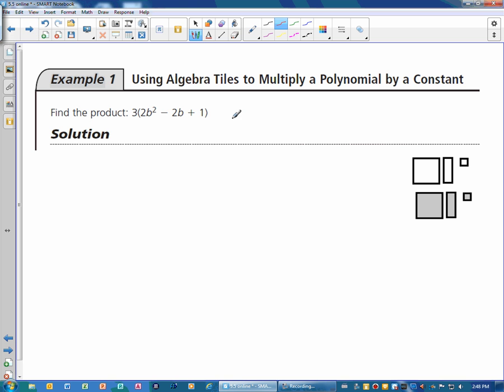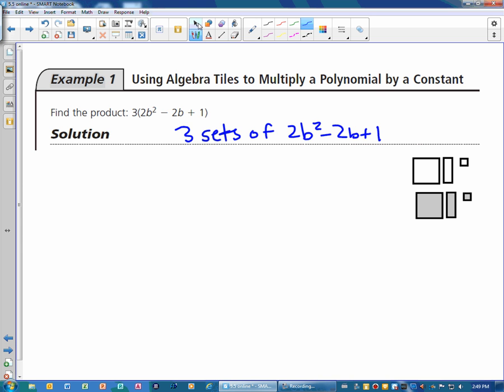Okay, so let's try example number 1. You need to draw these algebra tiles in your booklet. Find the product of 3 times 2b squared minus 2b plus 1. Now, this is saying find the answer or figure out how much you have when you have 3 sets of 2b squared minus 2b plus 1. That's what it's saying. 3 sets of that.